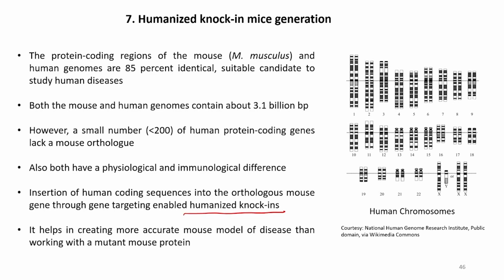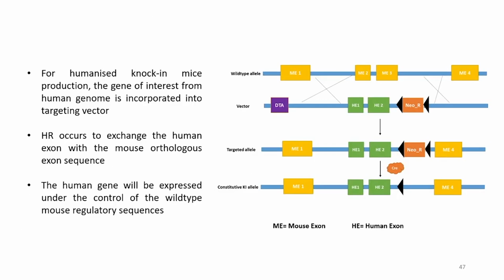And this would help in creating more accurate mouse models for disease than working with a mutant mouse protein. So, for humanized knock-in mice production, the gene of interest from the human genome is incorporated into the targeting vector. Homologous recombination occurs to exchange the human exon with the mouse orthologous exon sequence, and the human gene will be expressed under the control of the wild type mouse regulatory sequences.